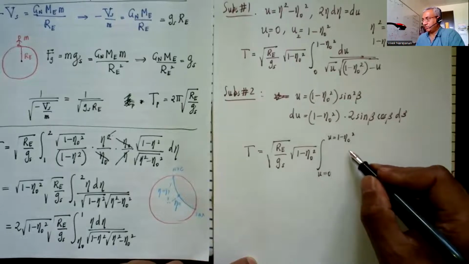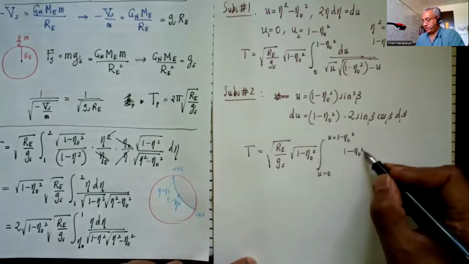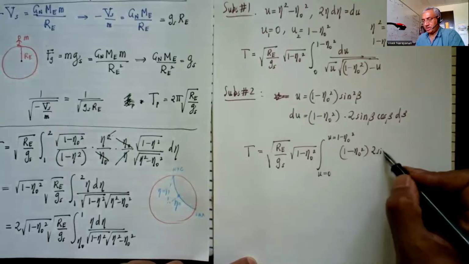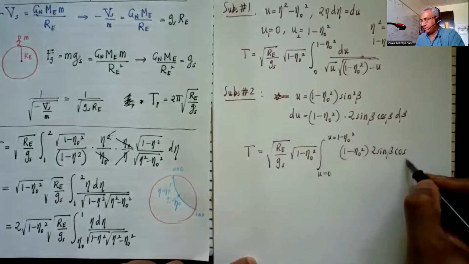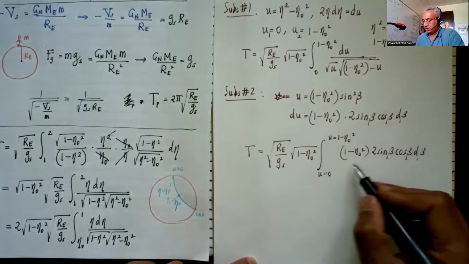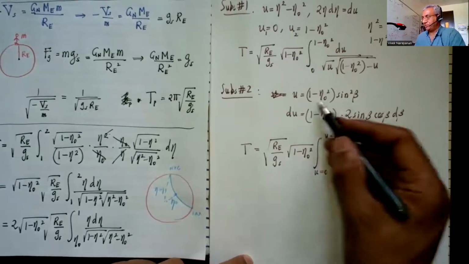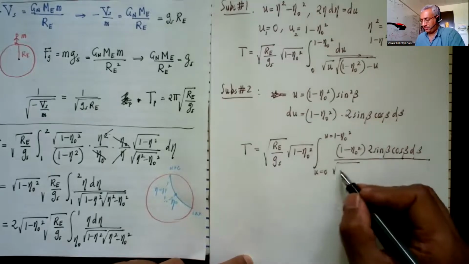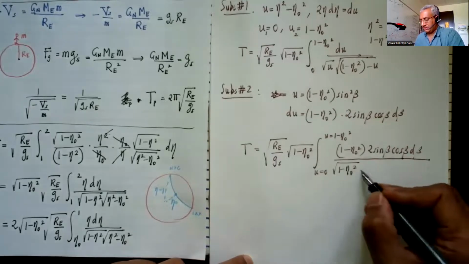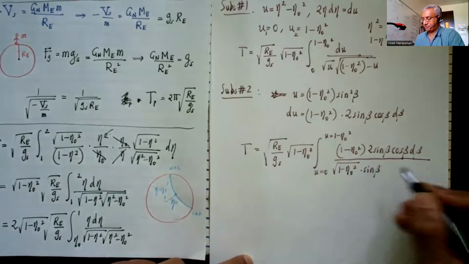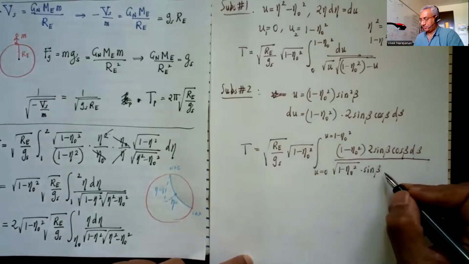Du is 1 minus eta naught squared, 2 sine beta cosine beta d beta over square root of u, which is going to be the square root of 1 minus eta naught squared sine beta, times this thing.